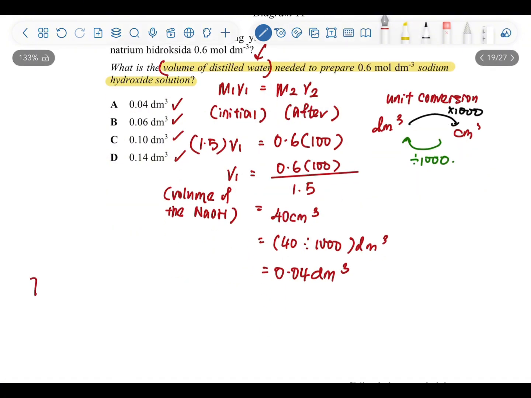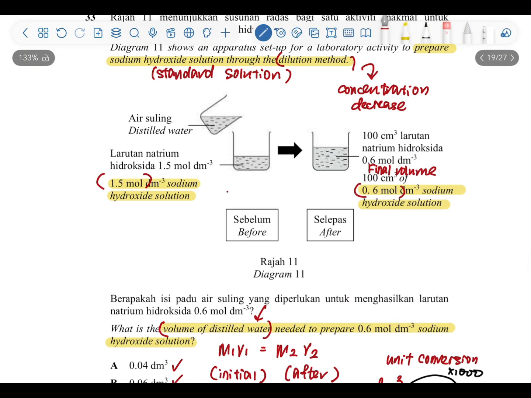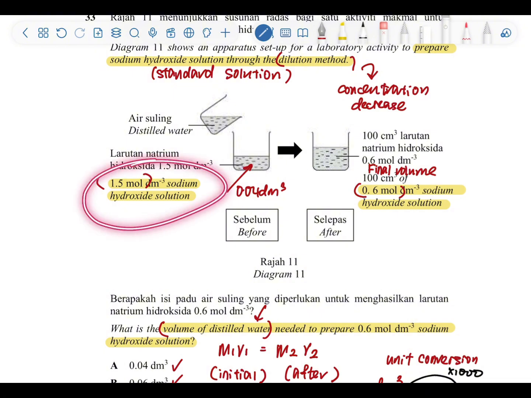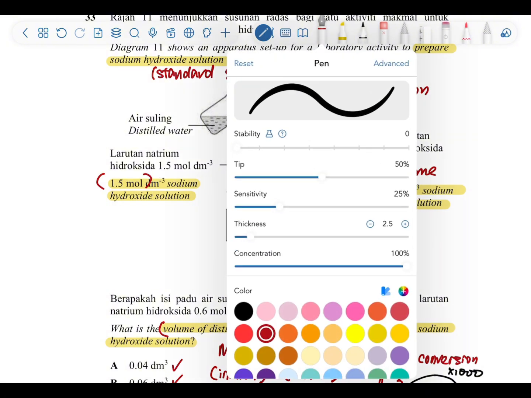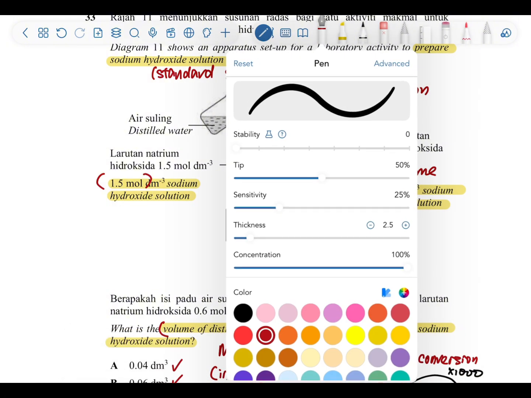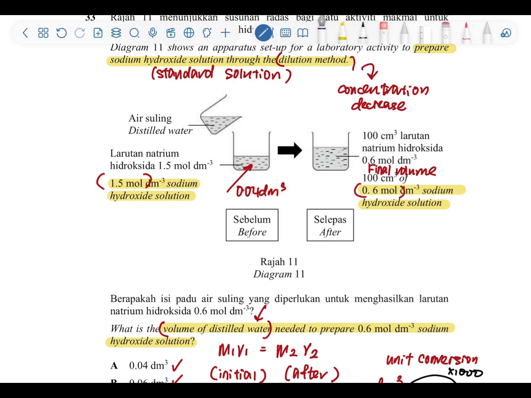It means that in this beaker, we have 0.04 dm³ of 1.5 mol per dm³ sodium hydroxide solution. So we want to find the volume of the distilled water inside.